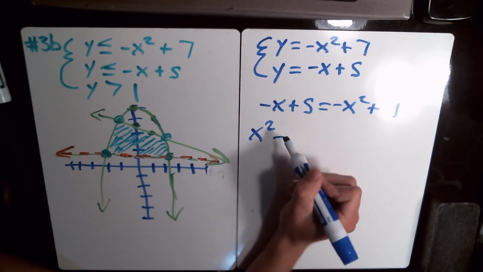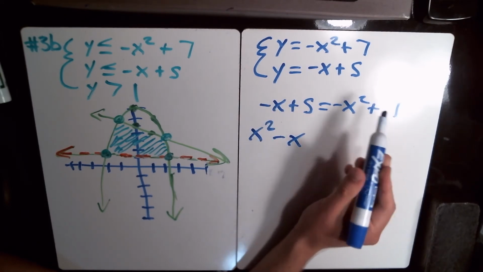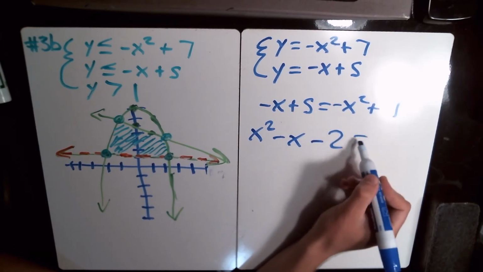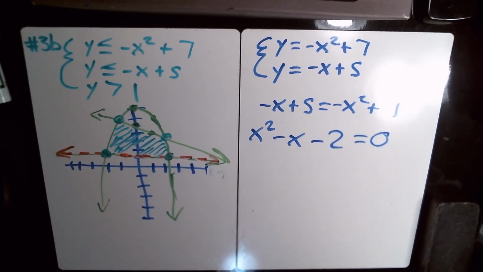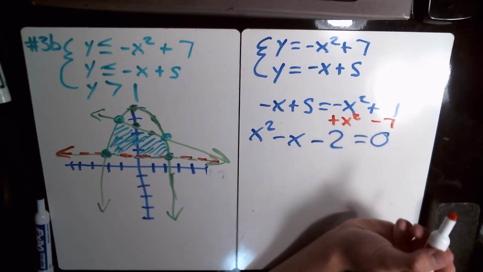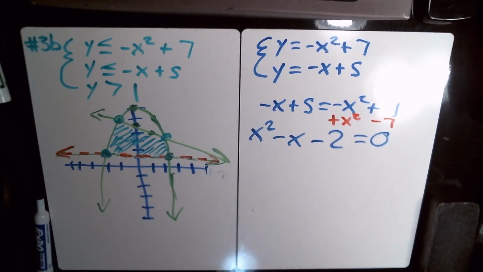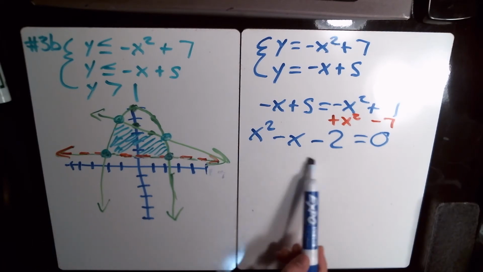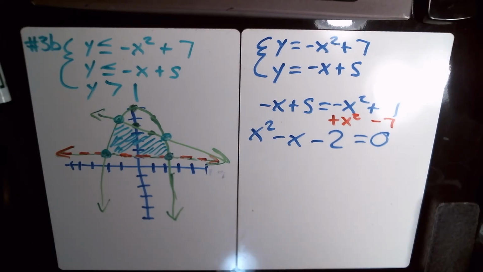So we get x squared, there's a minus x, subtracting the 7, we get a minus 2 is equal to 0. Okay, so I added the x squared over, and then I subtracted the 7 to both sides.